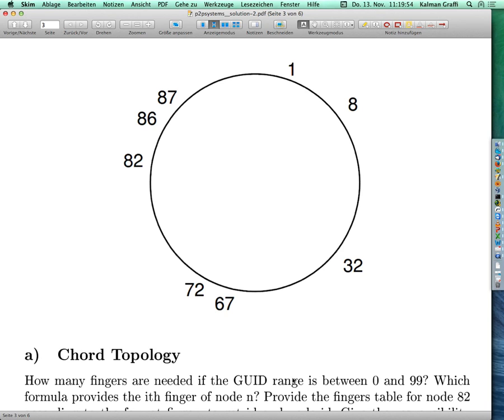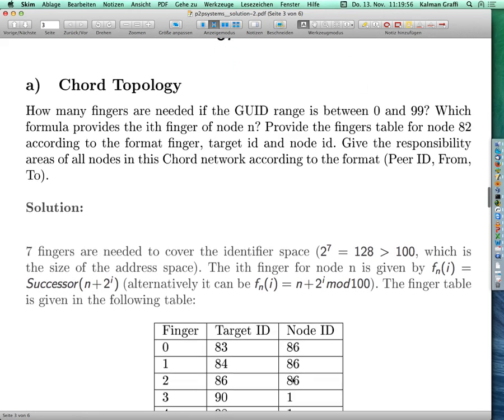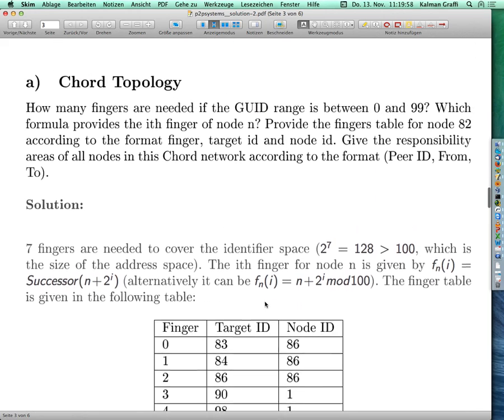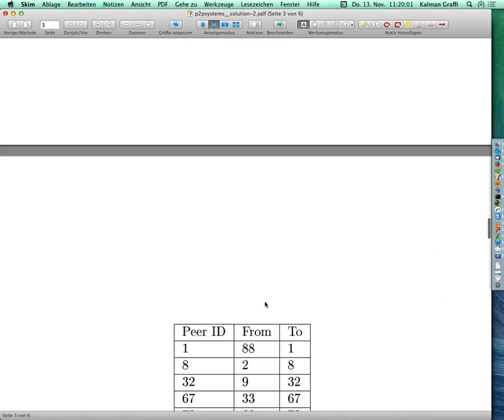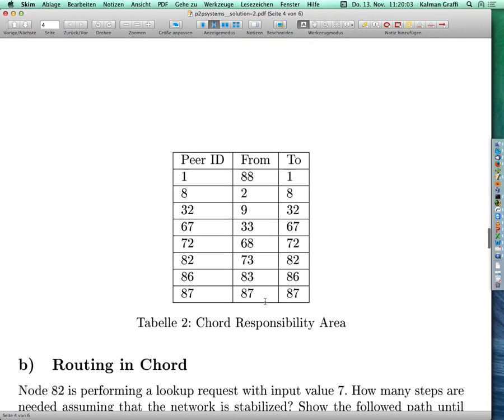So what is happening is, I think that was question number 2, you are always responsible for your own ID and back to the predecessor plus 1.